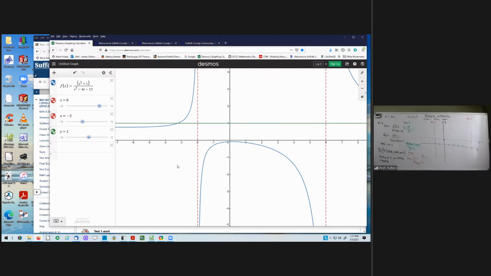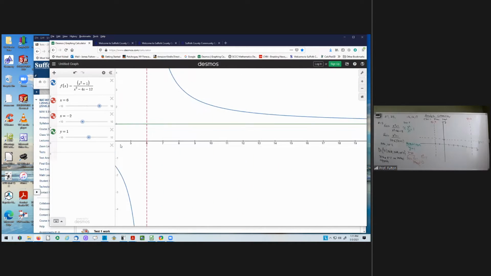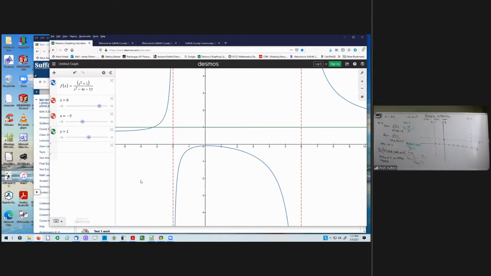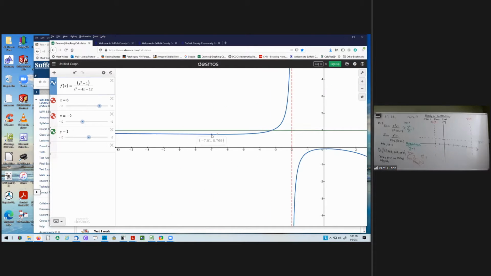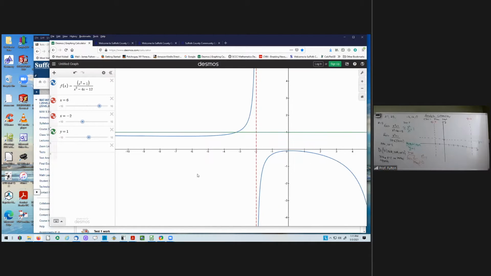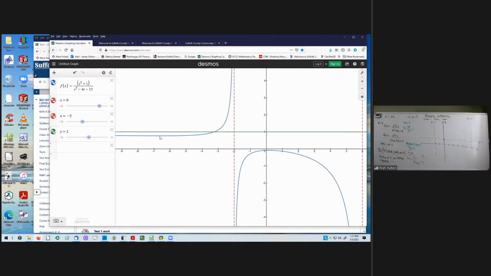Now notice what happens here. On this side, we do not cross the horizontal asymptote, but on this side, we do. So if I'm looking at this, this is the lowest point that I get to on that graph, there and there. That's going to help us with our range. So I'll briefly write those down.